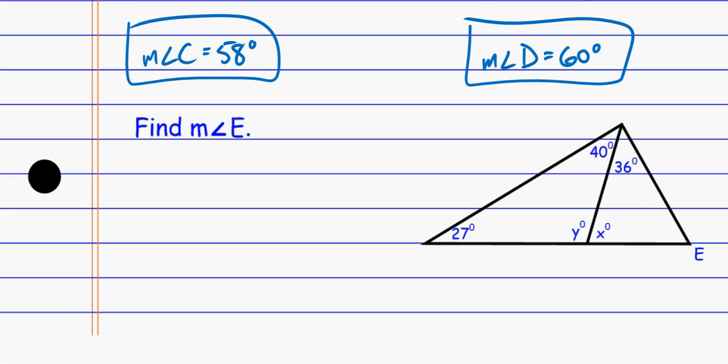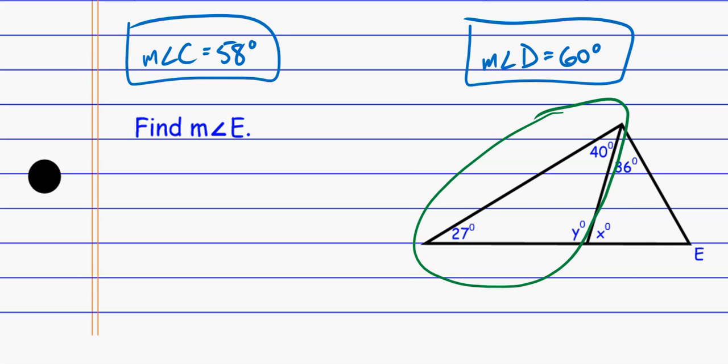Notice it says find the measure of angle E. Most students, when they look at this, will go the route of saying, you know what? I can find Y and I can find X. So a lot of students will do this. For this particular example, I can say that the first triangle, the one that has the 27, the 40, and the Y, is going to add up to 180 degrees, okay?